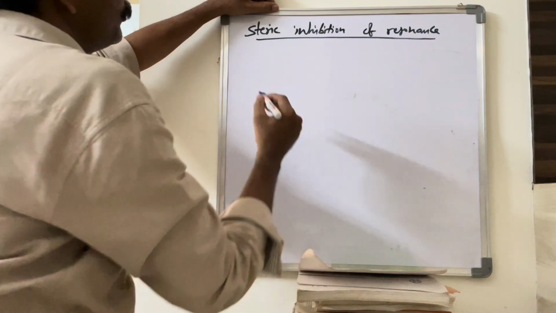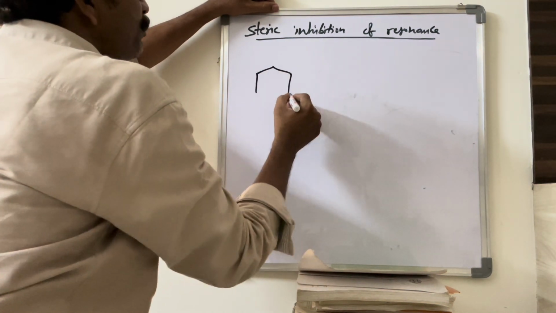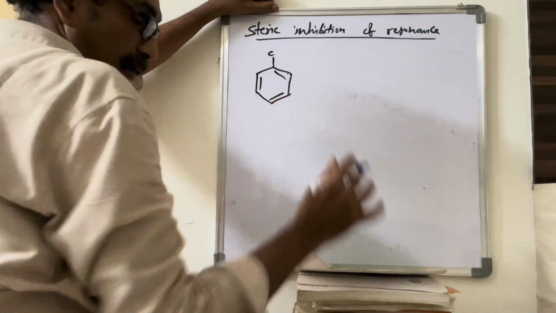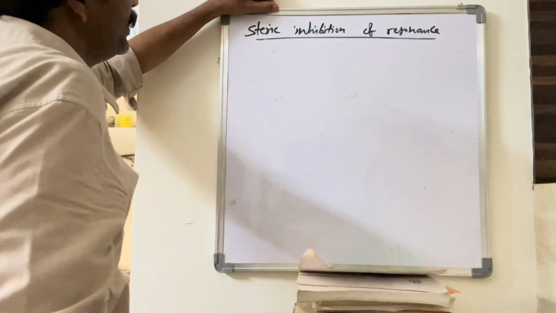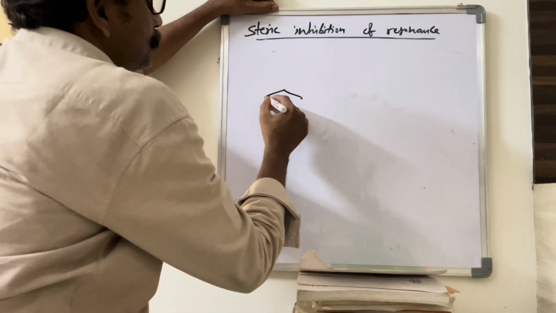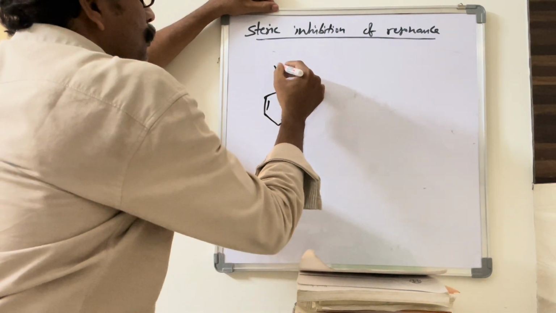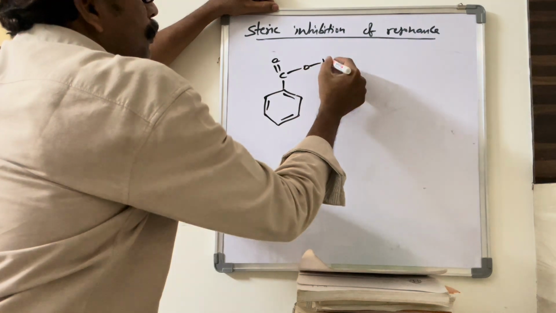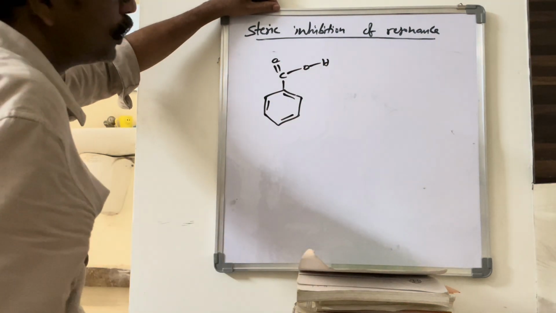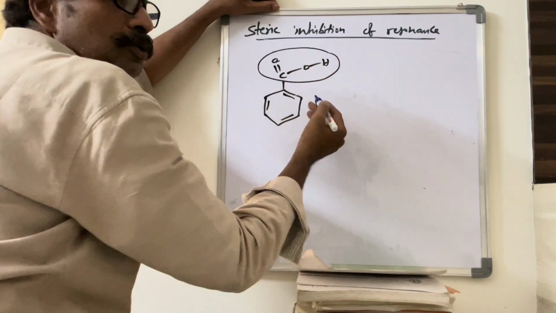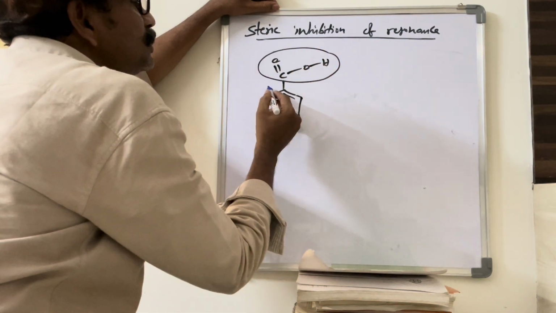Benzoic acid is planar, and so the carboxyl group is coplanar with the benzene ring.